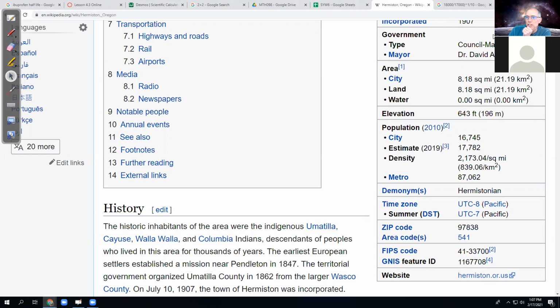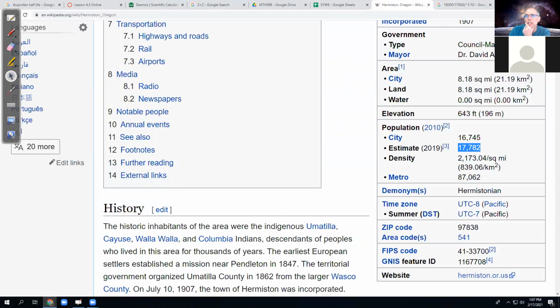So let me just rethink how I came up with that 10%. In 2010, it was almost 17,000. In 2019, they were predicting almost 18,000 for the city population. So that is a difference of about 1,000.